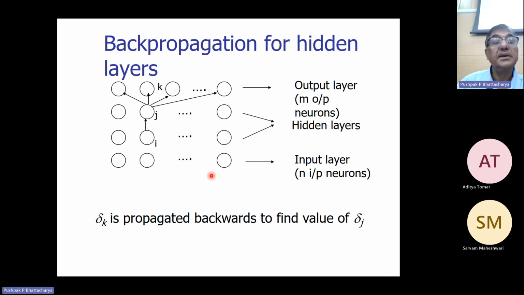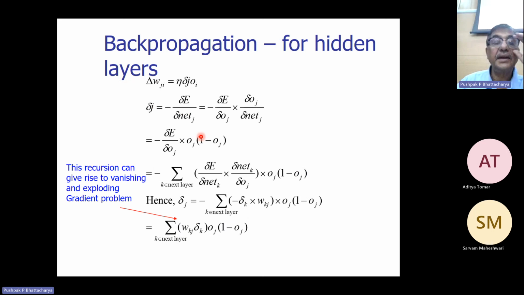It's quite intuitive, right? This Oj is affecting the net k of every kth neuron in the next layer. We have to obey the laws of partial derivative and take the sum of all the contributing net k. So then I get minus sigma k in the next layer, dE by d net k into d net k by dOj.